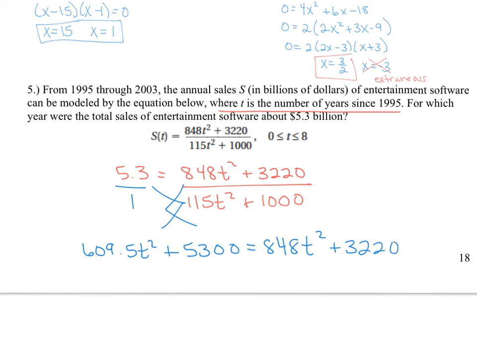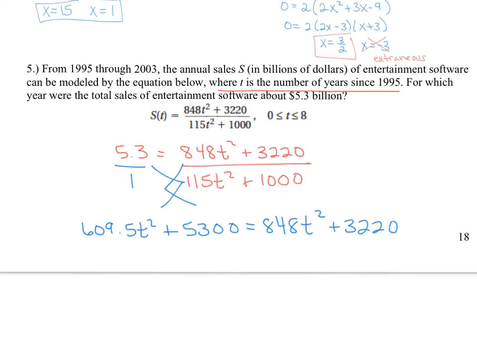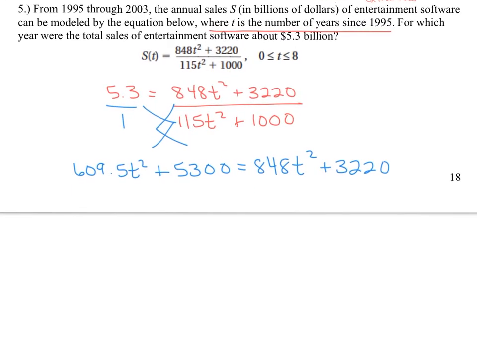Now this does not have a linear term in it, it just has t squared. So I'm just going to get my t squareds on one side so I can solve using the square root method. My higher t squared is 848. So I'm going to take 609.5 and subtract it from 848, and that gives you 238.5 t squared.